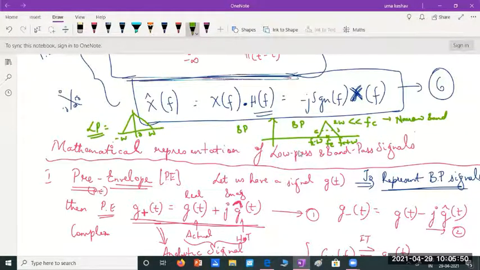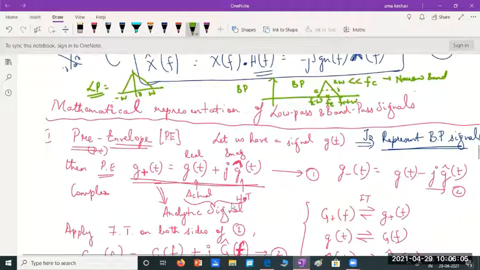So now we wanted mathematical equations for low pass and band pass, for which we considered the definition of some more mathematical quantities. One is the pre-envelope. So what is this pre-envelope? The pre-envelope of a signal is denoted as g plus of t for positive frequencies, which is the definition most commonly used.